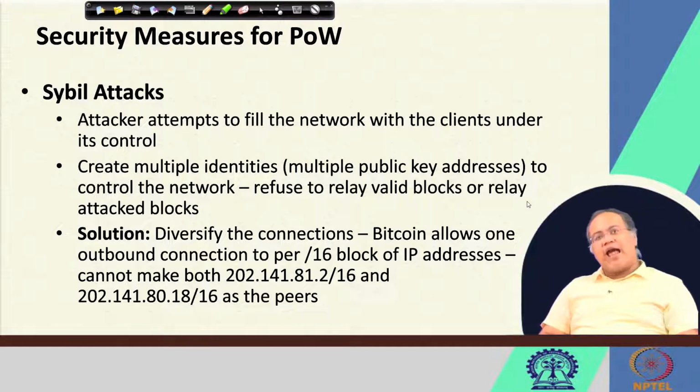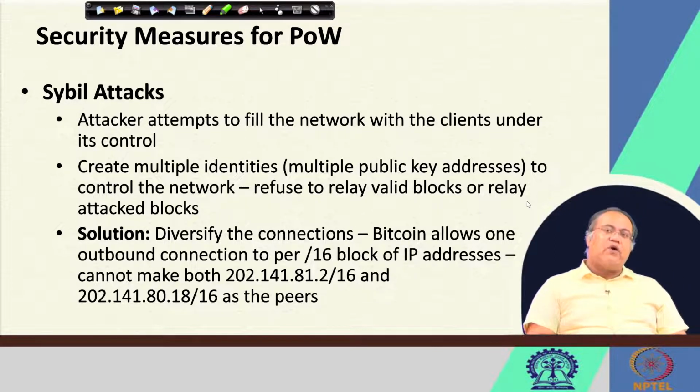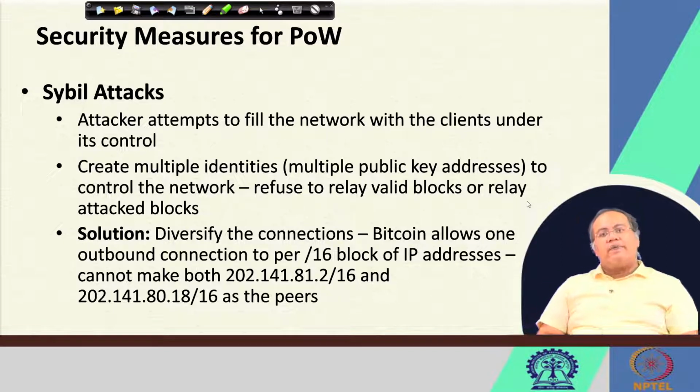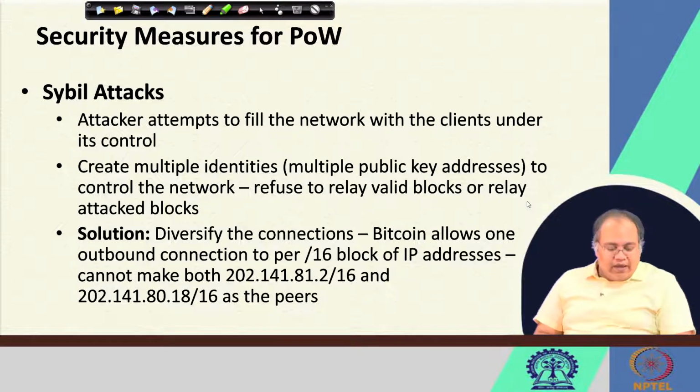So, that way I can generate multiple public keys and use those public keys to post multiple of my identities, whereas I am an attacker. So, that way an attacker can launch the attack that we call the Sybil attack, to take control of the network by representing multiple of its identities.